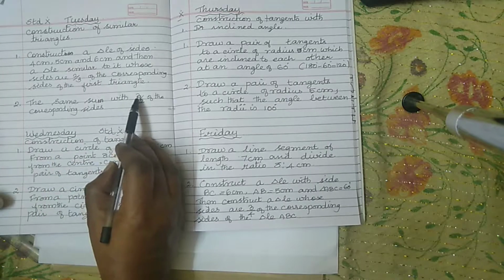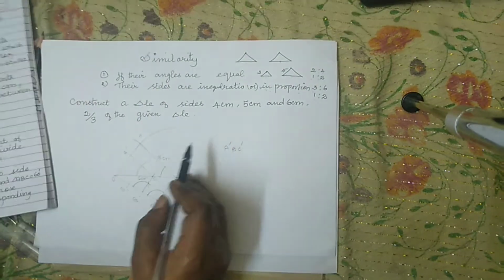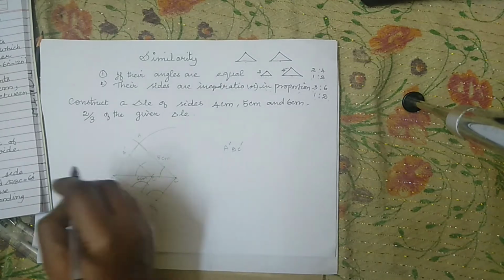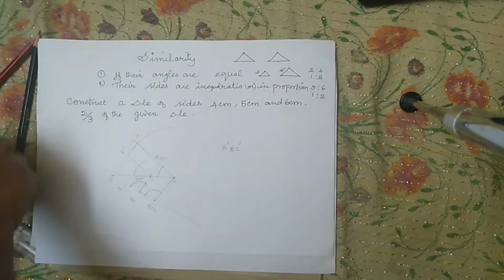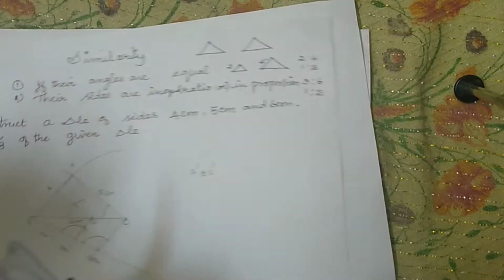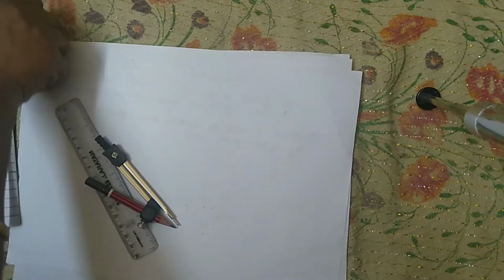The sum is same with 3 by 2. In the case of 3 by 2, see, it will join with the 2 and it will come to 3. So the construction I will do. Here the sum is with 3 by 2.